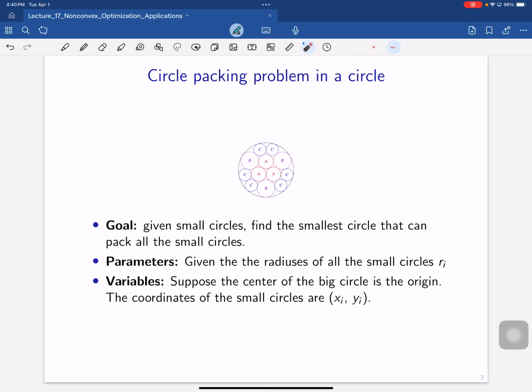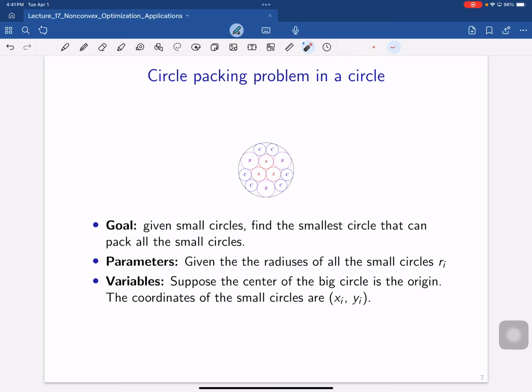We know that the area of the large circle is at least as big as the combined area of all the small circles, for sure. Otherwise, the smaller circles would have to overlap. So you're actually talking about a so-called non-overlapping constraint: the smaller circles cannot overlap with each other.